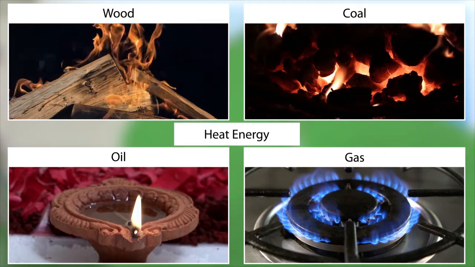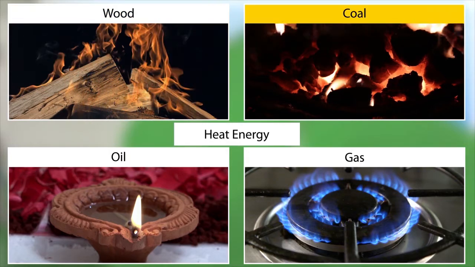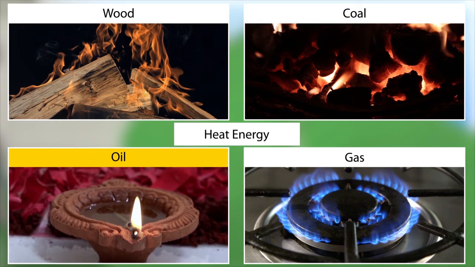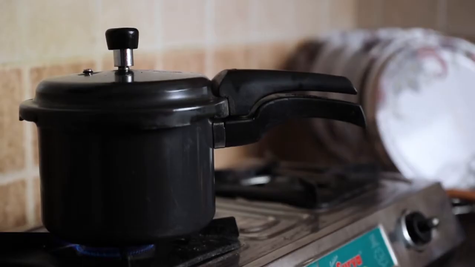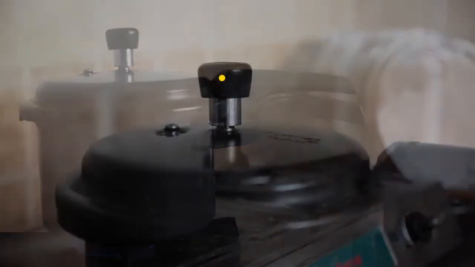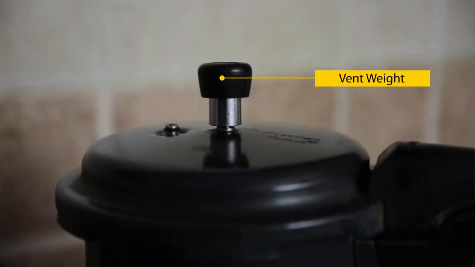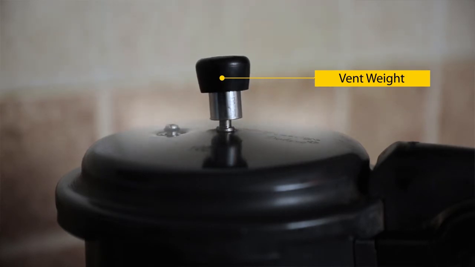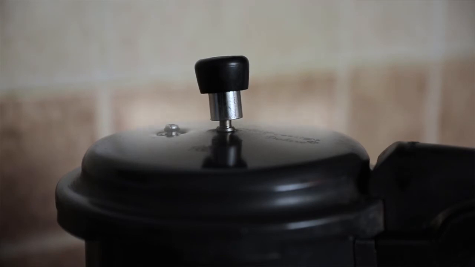The energy released when we burn wood, coal, oil, or gas is called heat energy. You must have observed the vent weight, commonly known as the whistle, on the top of the pressure cooker lifts up during a whistle. Let us understand the phenomenon properly.